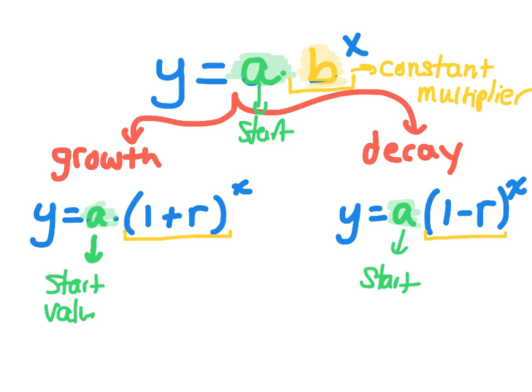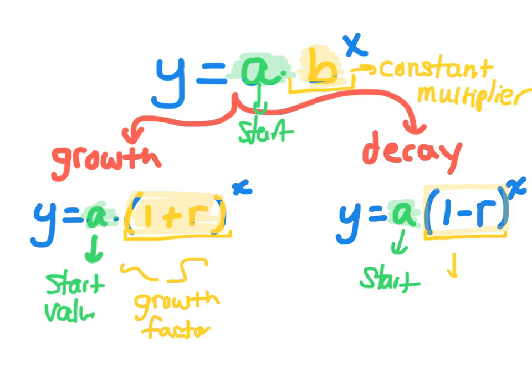So we have a few more vocabulary words to remind us of. This entire number, whatever was inside the parentheses, the entire number is referred to as like the growth factor if we're doing growth. If we're doing decay, then the entire number inside the parentheses is called our decay factor.